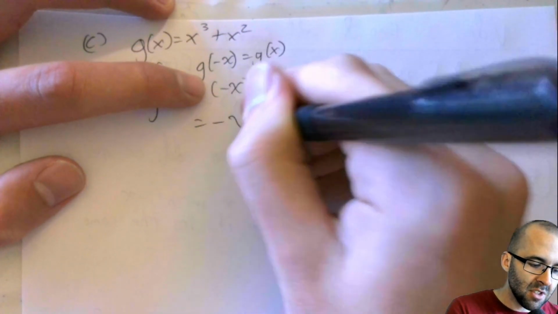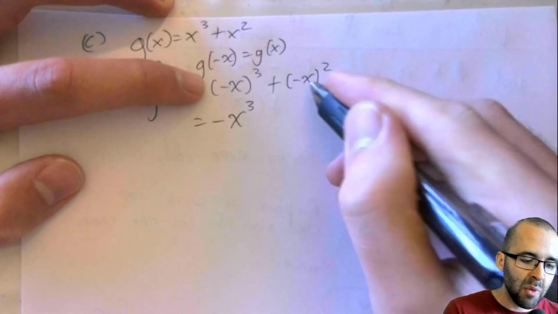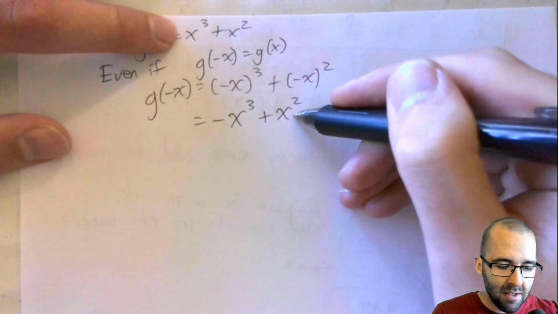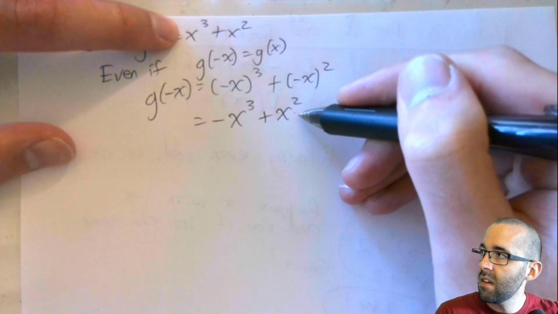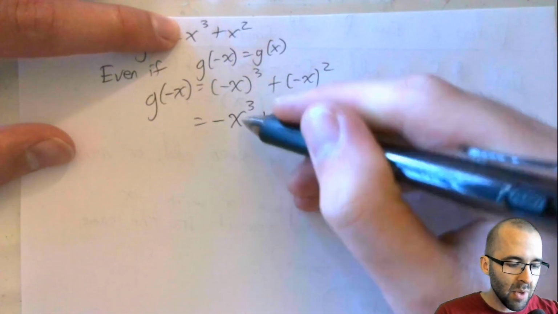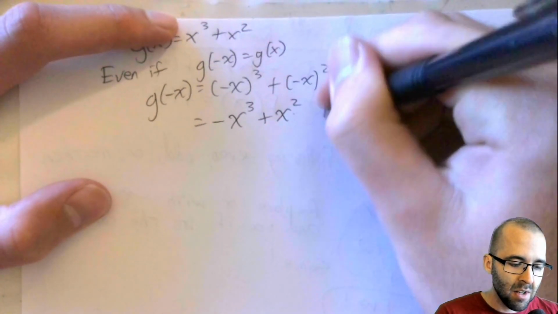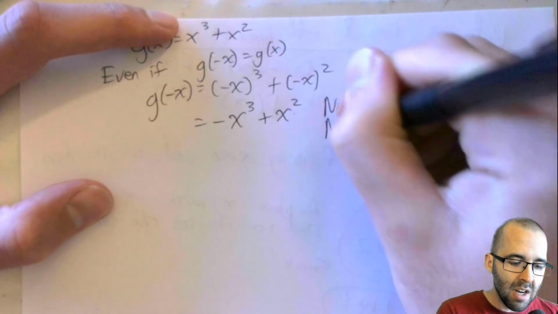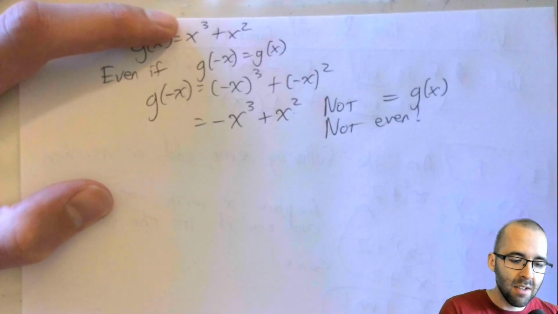Negative x cubed is just negative x cubed, but when you square negative x, it becomes a positive x squared. Are these two things the same? No, they're not. One is a negative x cubed, one is a positive x cubed. Not equal to g of x. So not even.